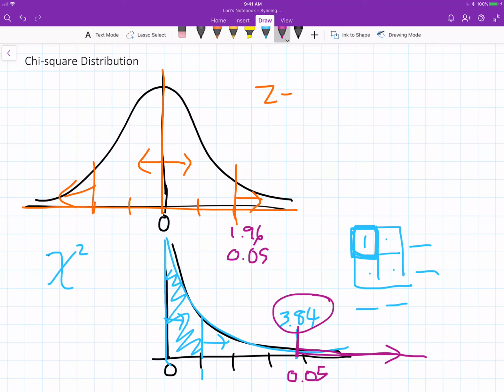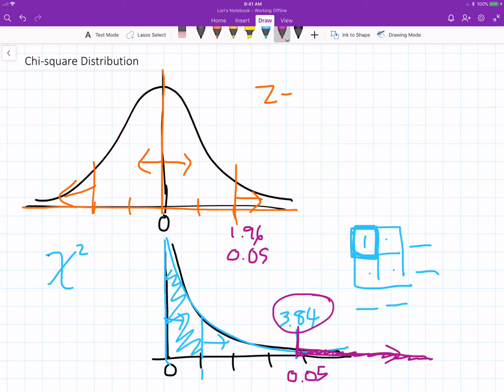The probability of getting a value that extreme or more extreme is 5% if the null hypothesis were true. So basically what that's telling us is the area under the curve out here is 5% of the total area under the curve at chi-square equal to 3.84.